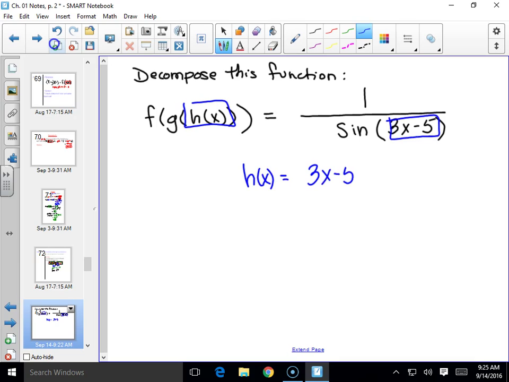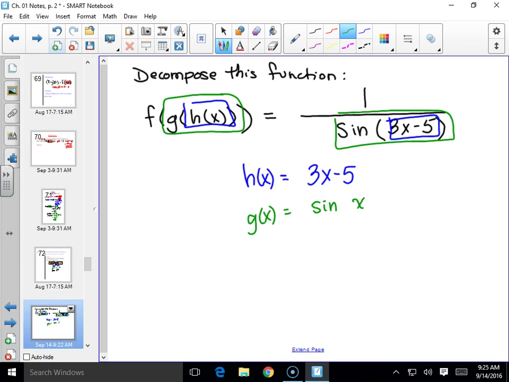Yeah, I agree. Not sin, sine. Now I need something else. g of x is sine x. Sine, but you need an argument. Replace the box with an x, and you have sine of x, not just sin.